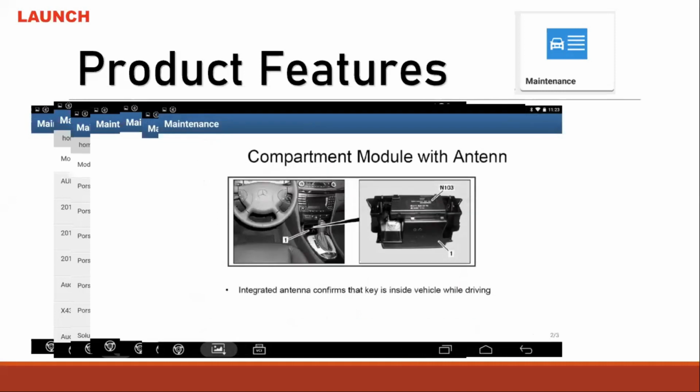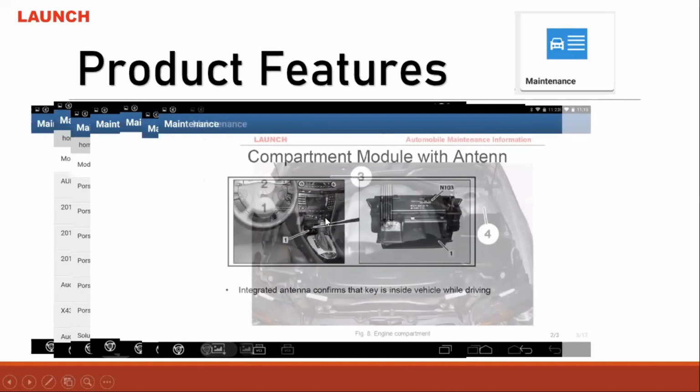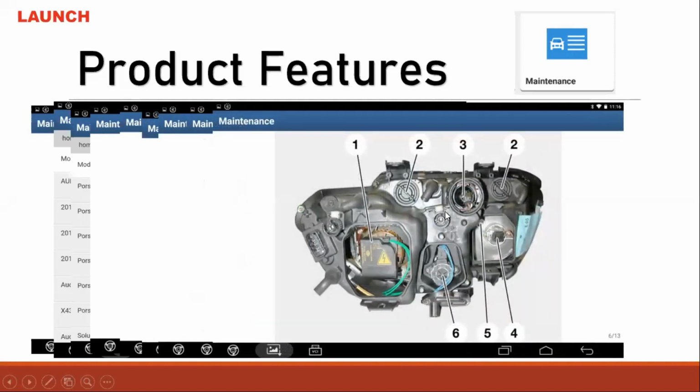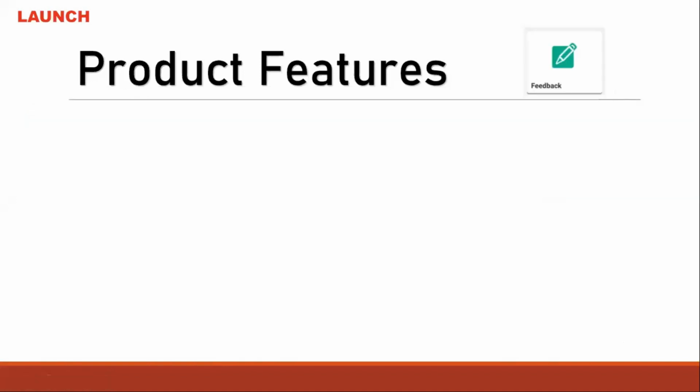Some of the control modules will also show you what the module is, where the module is, and where the item is. Many people don't know the shape of the headlamp control module, so they order a different part, and the headlamp may come with the wrong part.